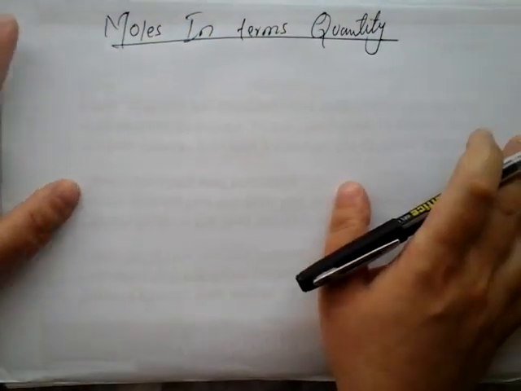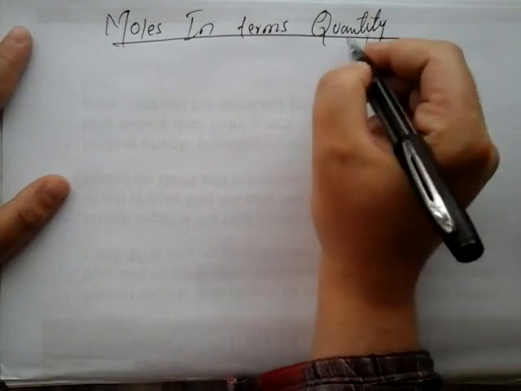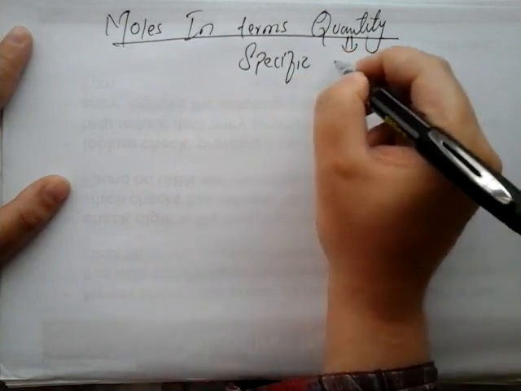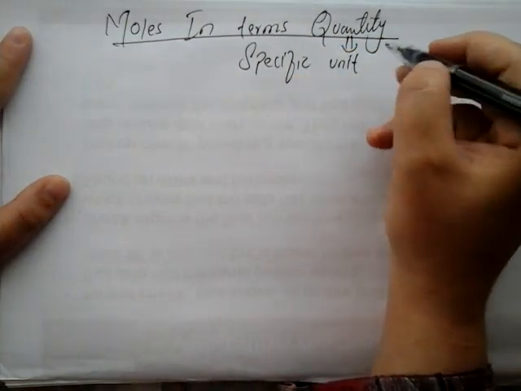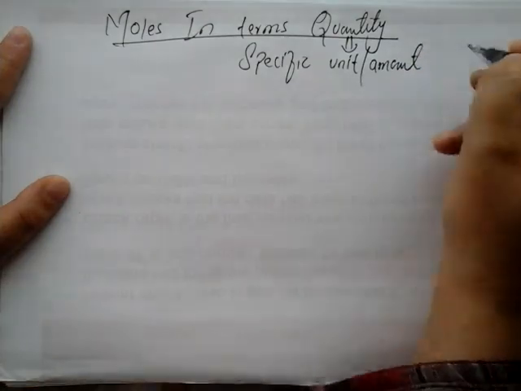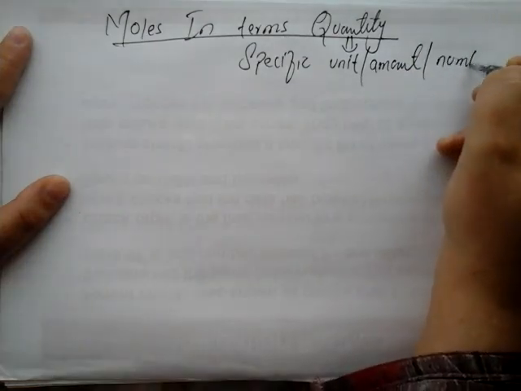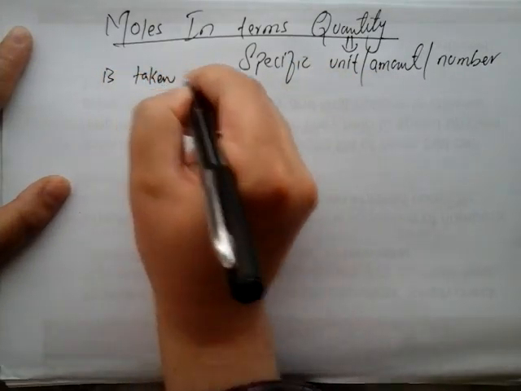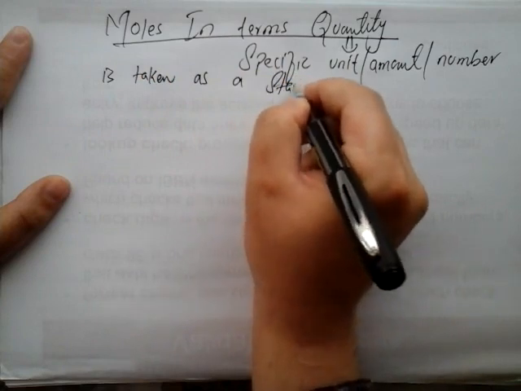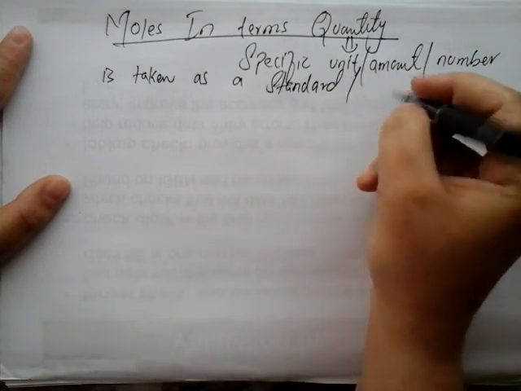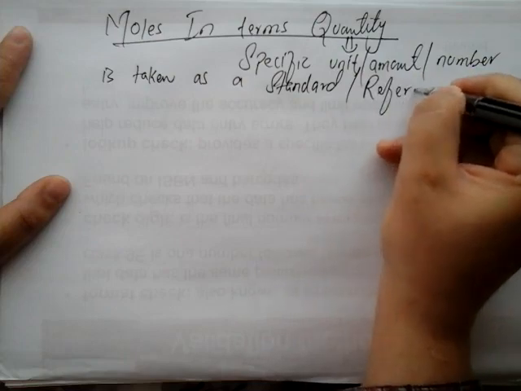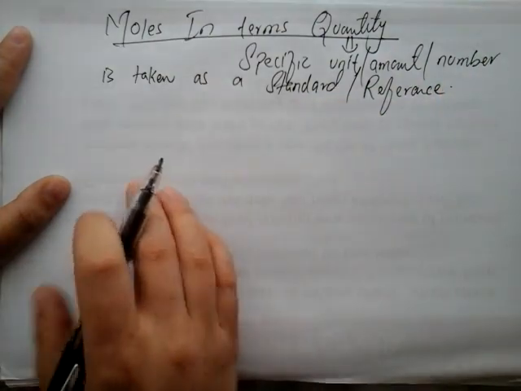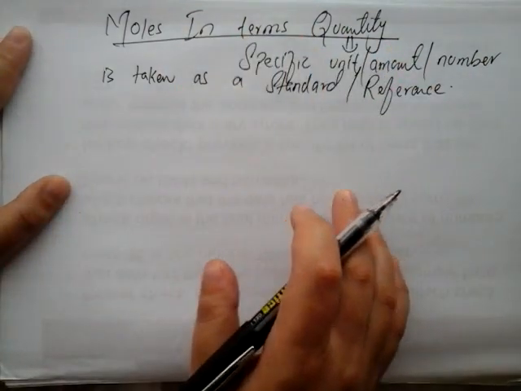As I told you, this quantity is a specific number, taken as a standard or as a reference, and with this reference number we measure all other amounts of the substance.